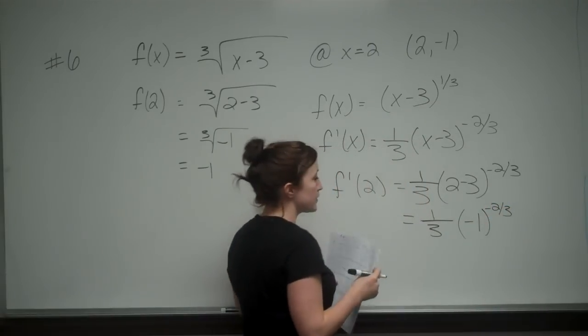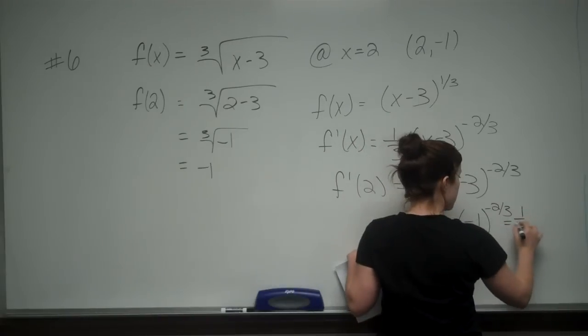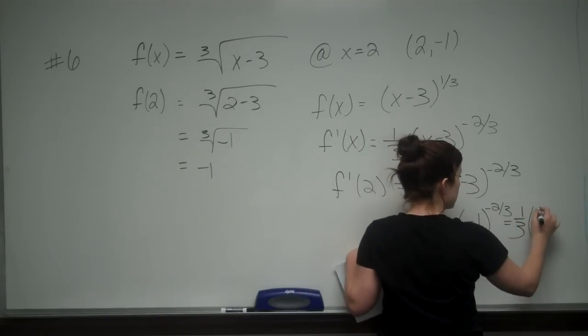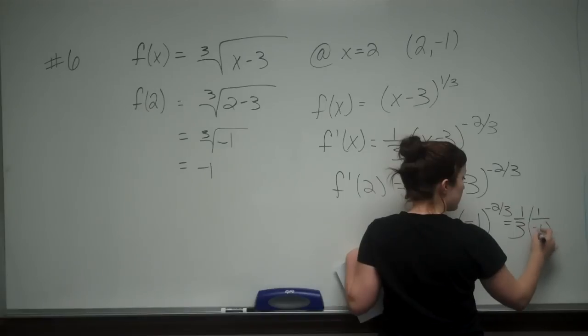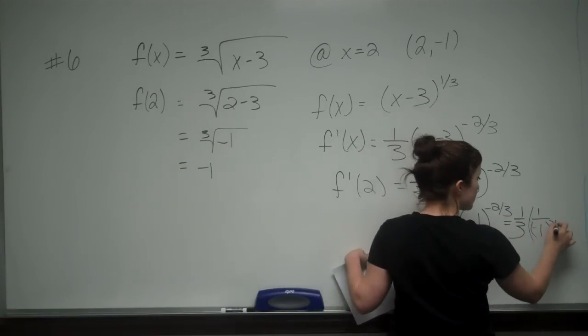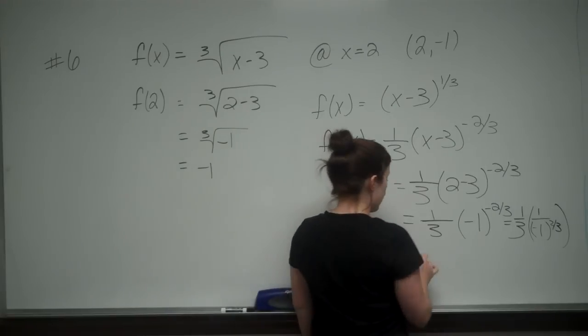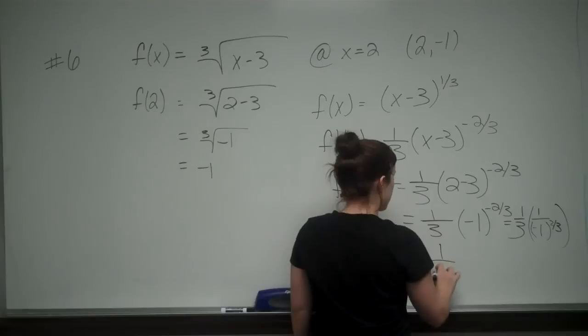Remember, the negative 2/3 power brings that negative 1 to the bottom. So it becomes 1 over negative 1, that quantity is squared, so it's 1, and then we take the cube root of that, which gives me 1. So my value is just 1/3.